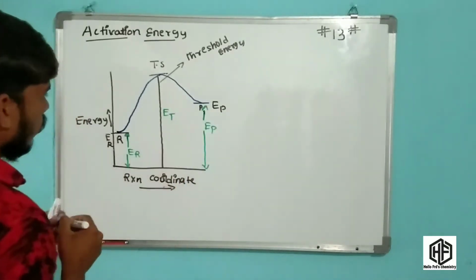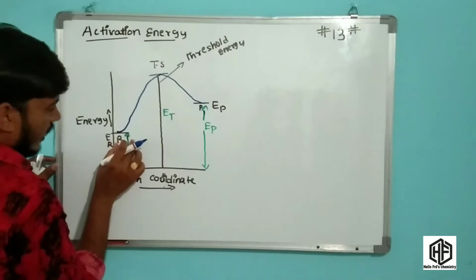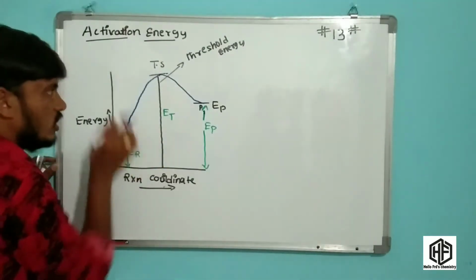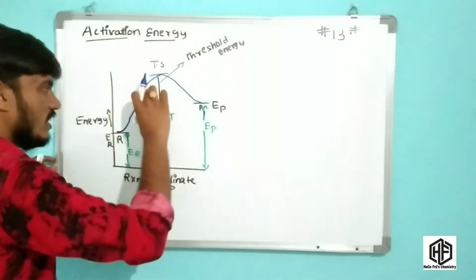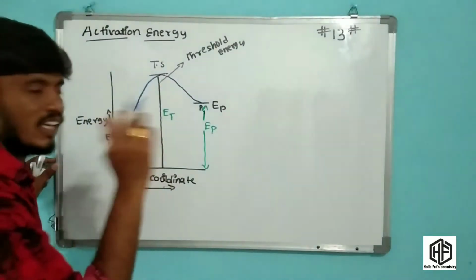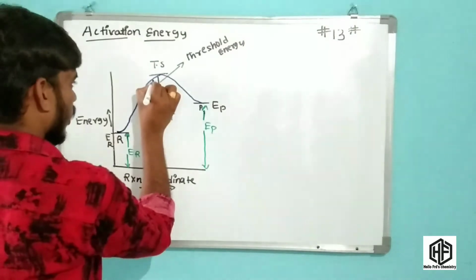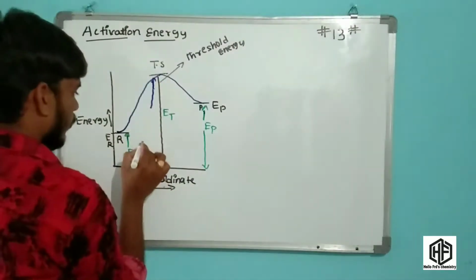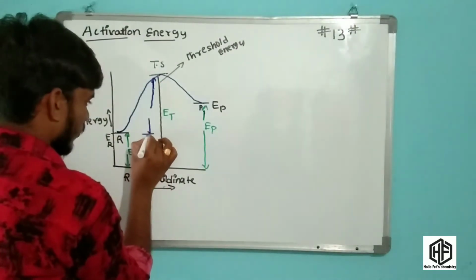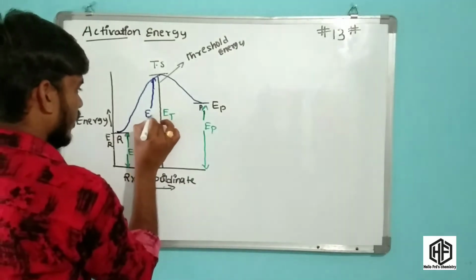The amount of energy the reactants require to cross this transition state is called the activation energy. This is important, friends. I represent the activation energy like this. This activation energy is EA.